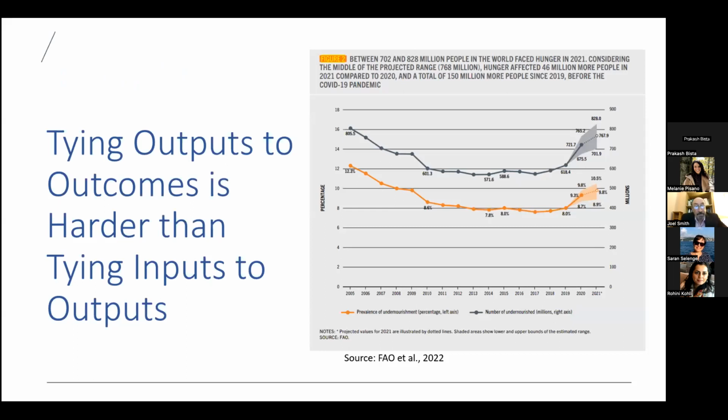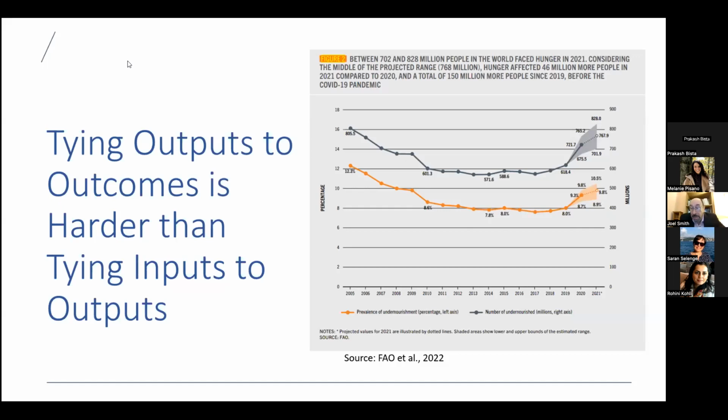All right, tying outputs to outcomes, that is the effect of the adaptations on well-being, is harder than tying the inputs, such as subsidies or grants, to the outputs. With it, you provide a subsidy, does it lead to people implementing a certain program? This is an interesting example from a FAO report a couple of years ago, looking at the number of people in hunger. If you look at this figure, we were seeing progress, at least starting in 2005, where the share of the population who were hungry was decreasing.